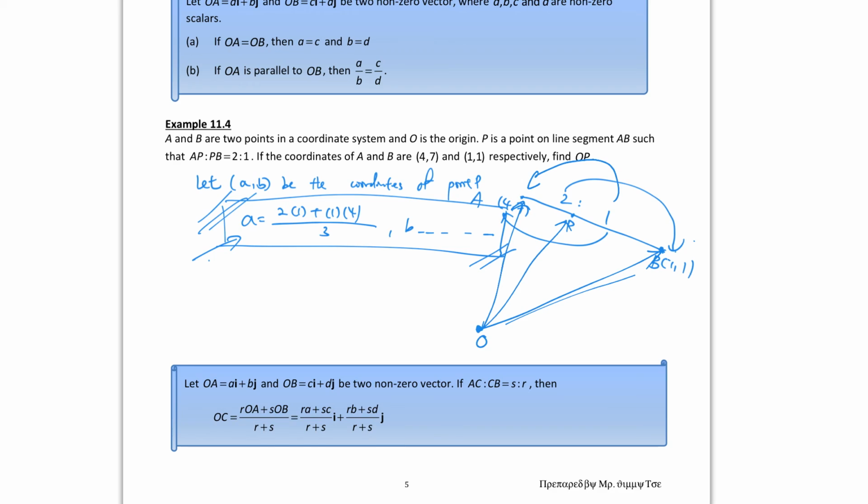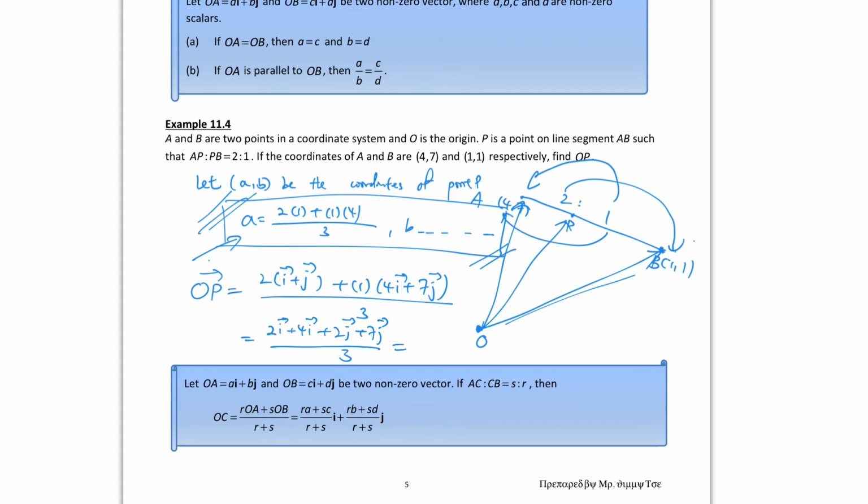So OP is equal to 2 times i plus j, plus 1 times 4i plus 7j, over 3. The total ratio is 2 plus 1, which is 3. So it's 2i plus 4i and then 2j plus 7j over 3, which is equal to 6i plus 9j over 3, that means 2i plus 3j.